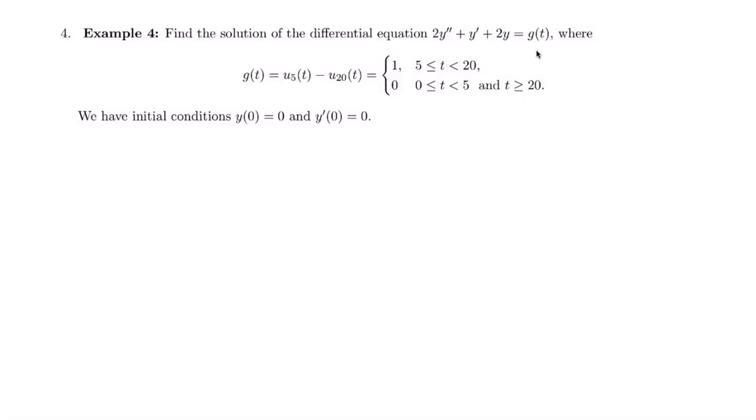What's nice about it is that the Heaviside notation has already been implemented for us, and so we're going to begin first by taking the Laplace transform of both sides of the equation.